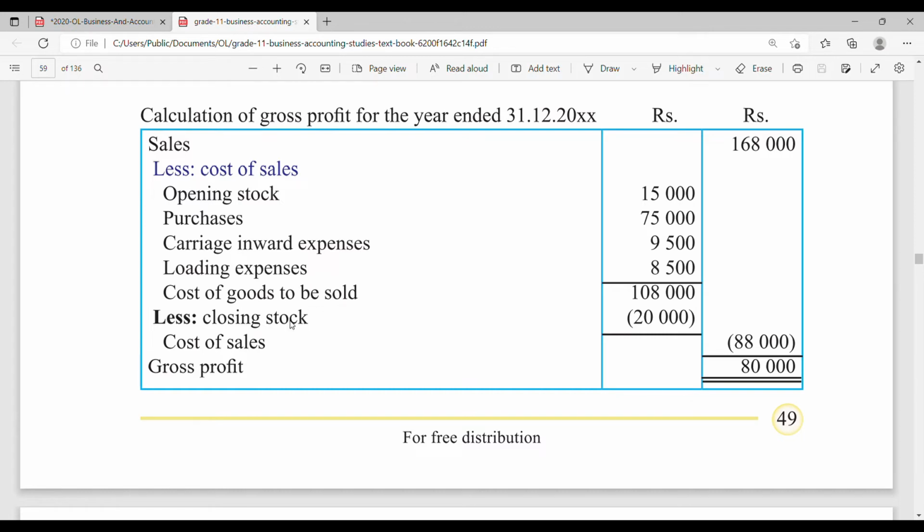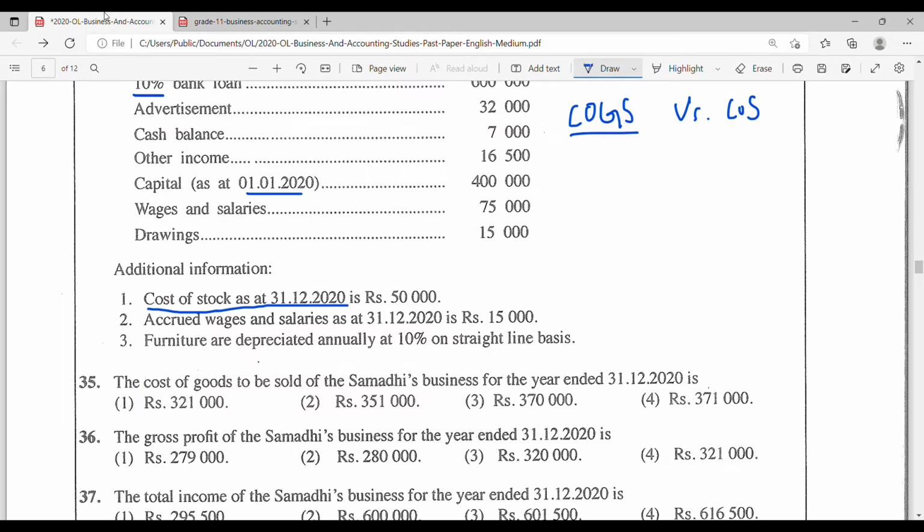The entire cost of the stock available with you for sale is 108,000 as per this calculation. But you didn't sell the entire stock. You only sold a certain amount, keeping 20,000 worth of stock as balance. So what's the cost of the stock that you sold? It will be 108,000 minus 20,000, which is 88,000. So with that understanding, let's get into the question.